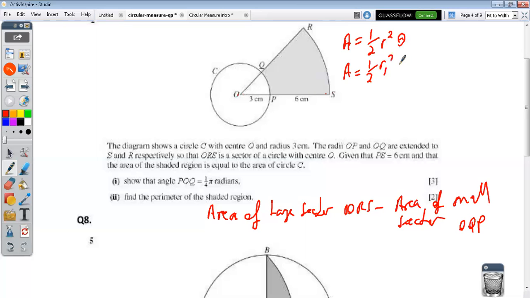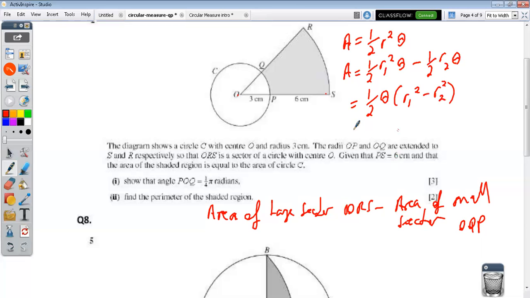So I'll write half r1 squared theta, because they share the same angle, minus area of the small sector, half r2 squared theta, where r2 is representing the small radius. They are sharing the same angle, which means that area is simply half theta, brackets, r1 squared minus r2 squared.